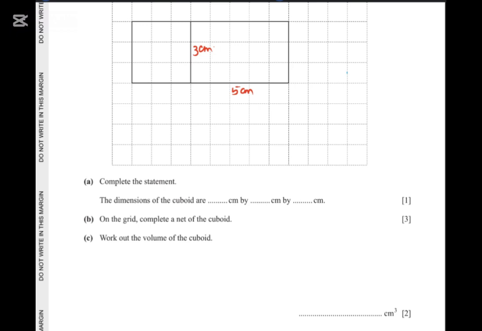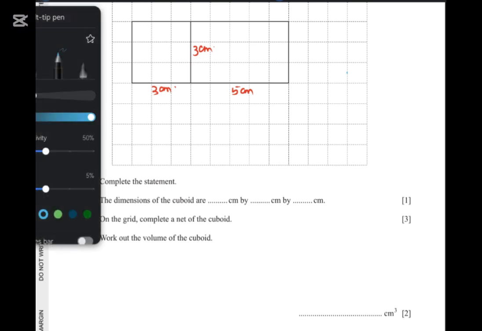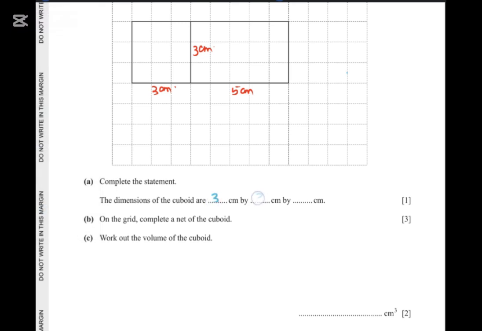Then the small square on another side, what is it? It is again 3, so this is also 3 centimeters. Whenever a net is given with two faces, you can find the length, width and height of it. So the answer will be 3, 3, 5.